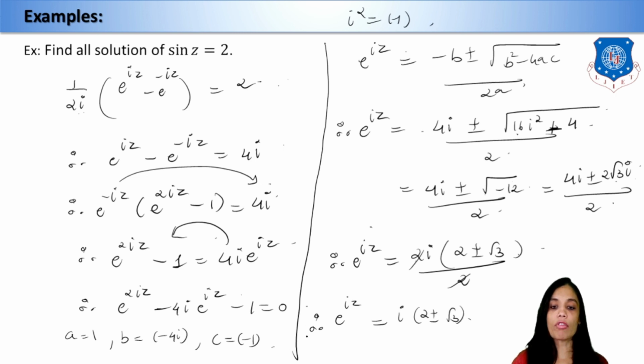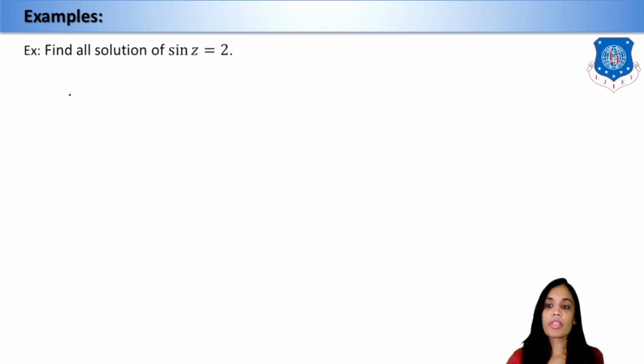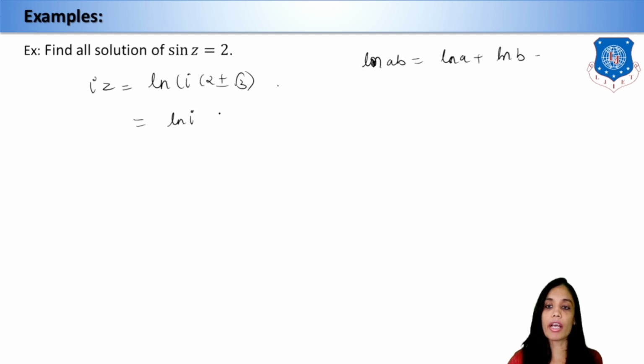Okay. So now let us find the value of iz. So it will be ln of i into (2 plus or minus root 3). Now we know ln AB is equal to ln A plus ln B. So using this, it will be ln i plus ln (2 plus or minus root 3), right?